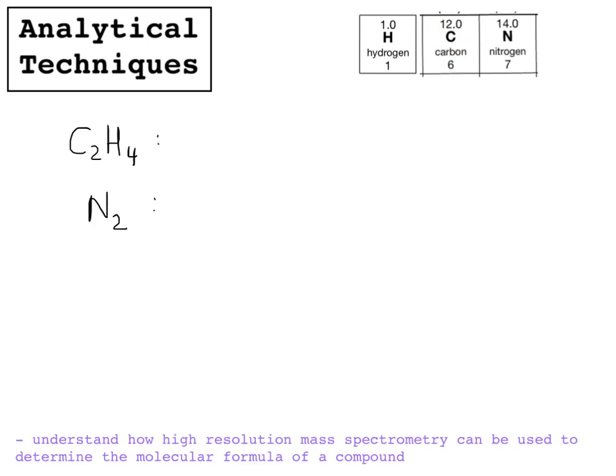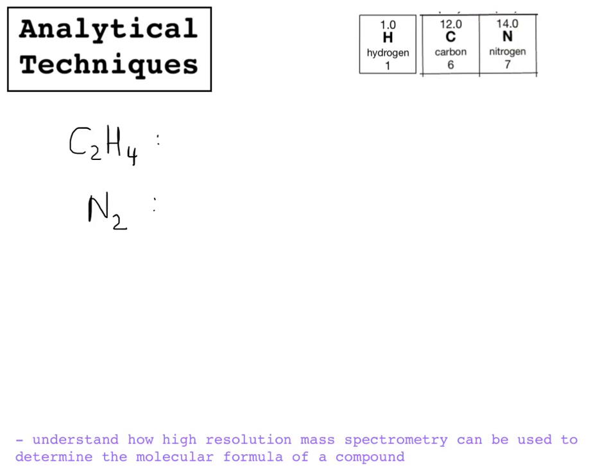And N2 would be, if we take the relative mass of nitrogen as 14, 2 times 14, which would also equal 28. So if we knew that the gas that we'd put into the mass spectrometer was either ethene or nitrogen, normal mass spectrometry would not give us a definite answer of which one it was, because both of them have the same relative mass, even to 1 decimal place.